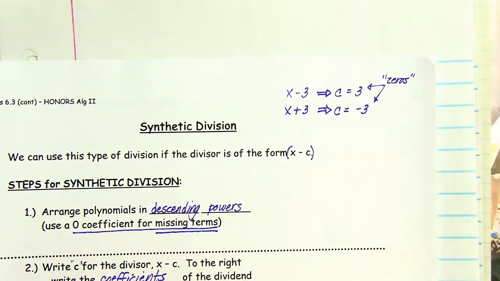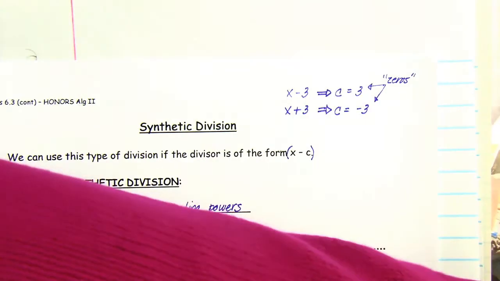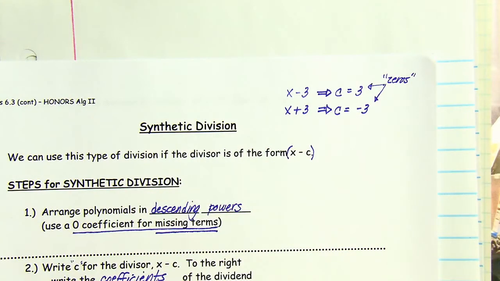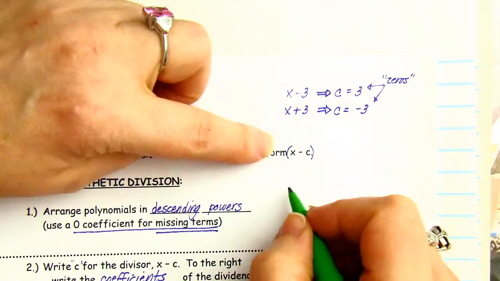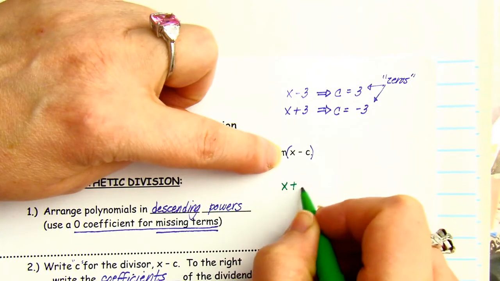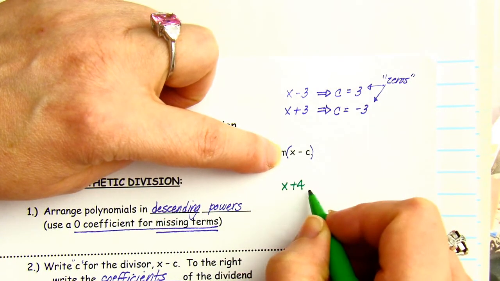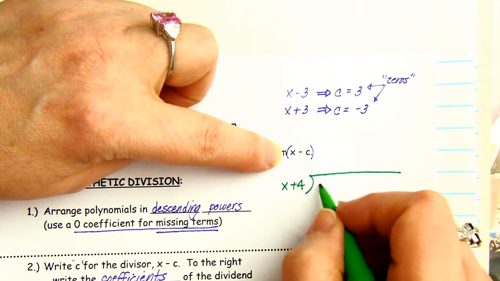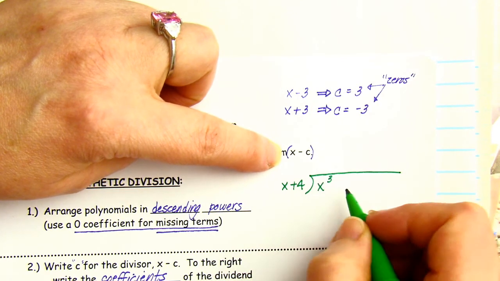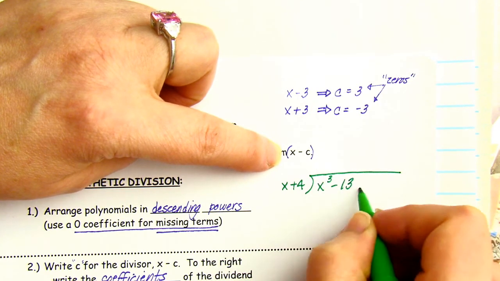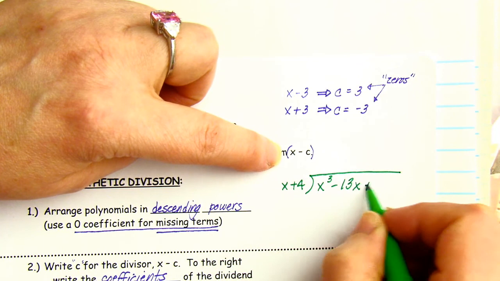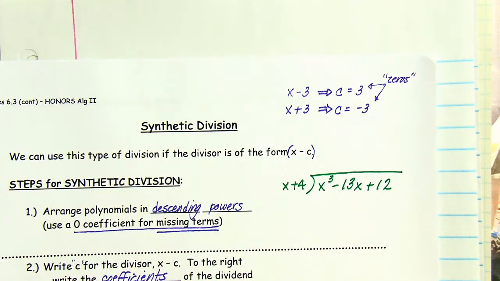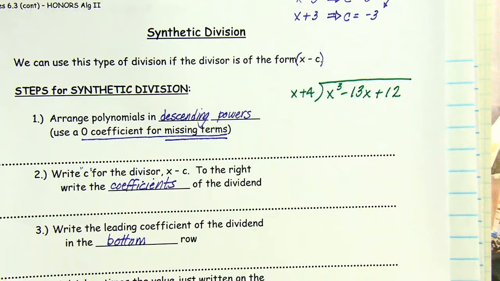All right, so an actual problem. Let's suppose, I guess I'll do a different color here, that we have something like x plus 4, and we want to divide that into x cubed minus 13x plus 12. Now, you should notice here that we are missing a term.